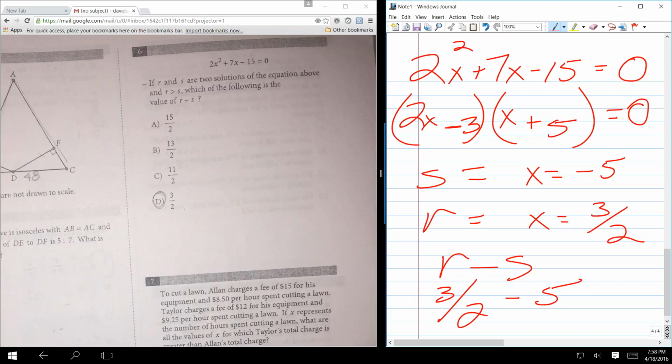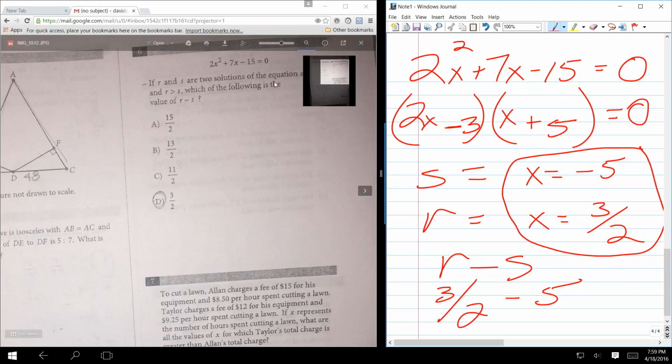Well, I've made a mistake somewhere. Was it in the factoring? Let me think for a moment. No. Factoring is correct. X is equal to minus 5 and x is equal to positive 3 halves. So that's definitely the correct solution.